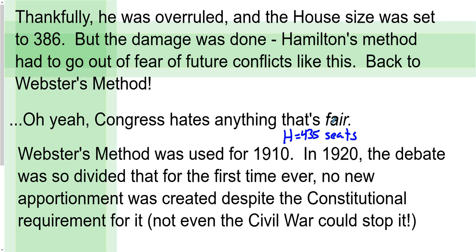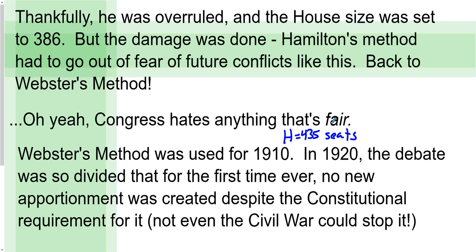Mostly being the fact that they were trying to keep this balance between number of representatives and representation at the person level, at the population level. The problem, though, is that they kept trying to recommend a House size of 483.